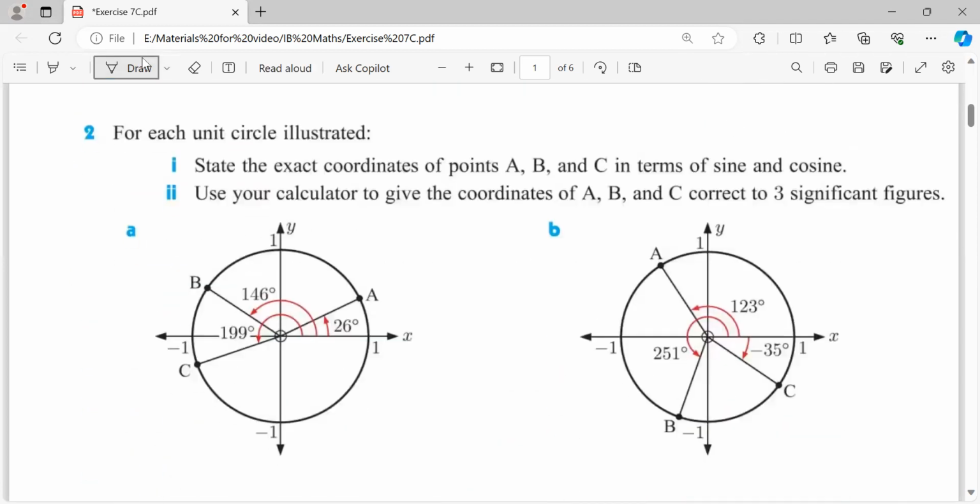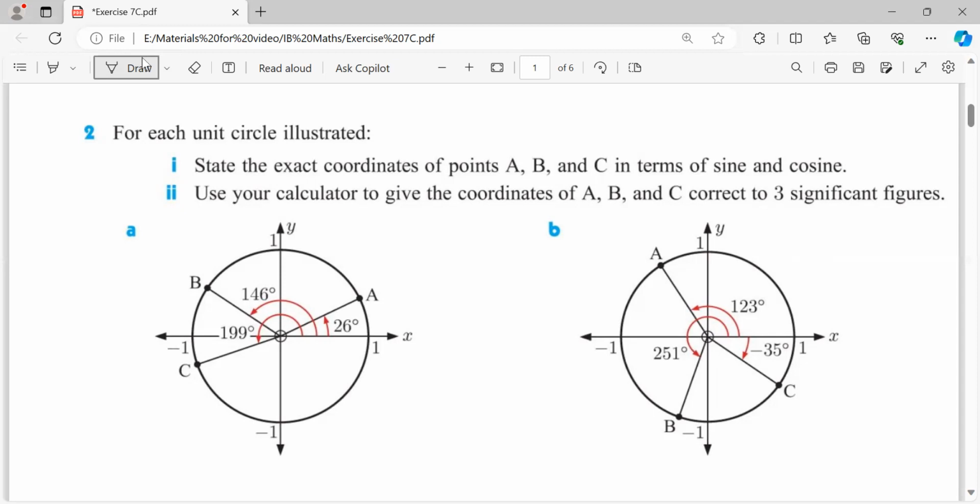Number 2, for each unit circle illustrated: 1. State the exact coordinates of points A, B, and C in terms of sine and cosine. 2. Use your calculator to give the coordinates of A, B, and C, correct to 3 significant figures.